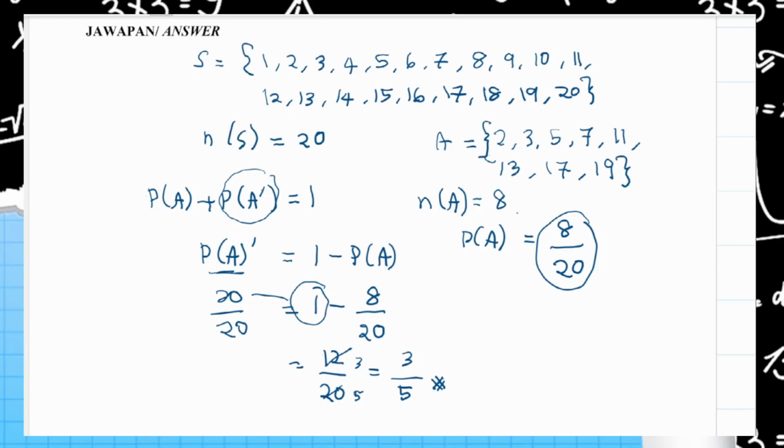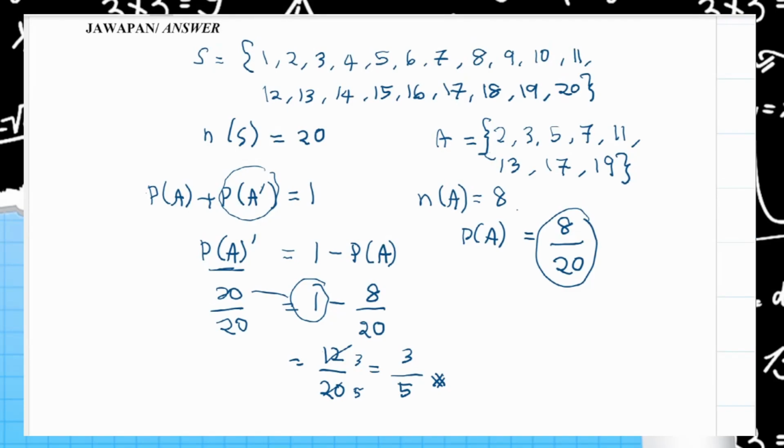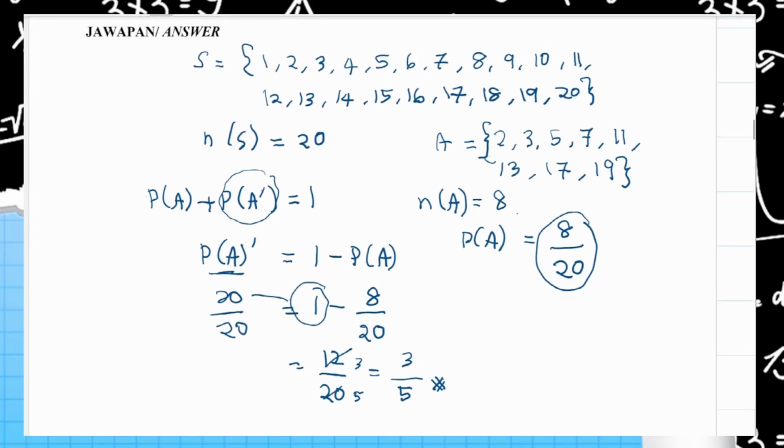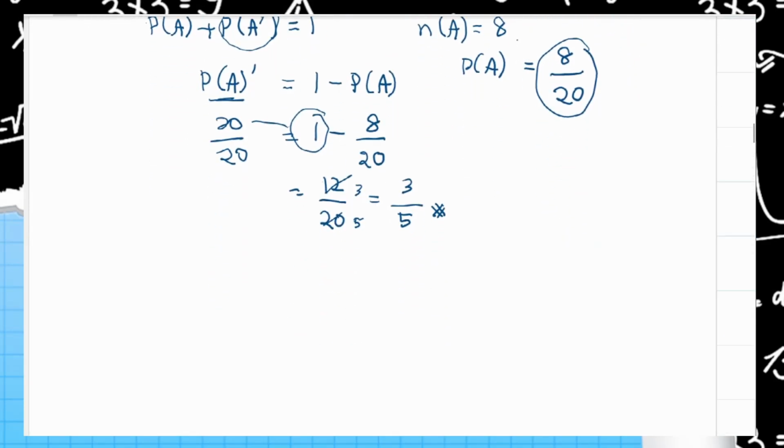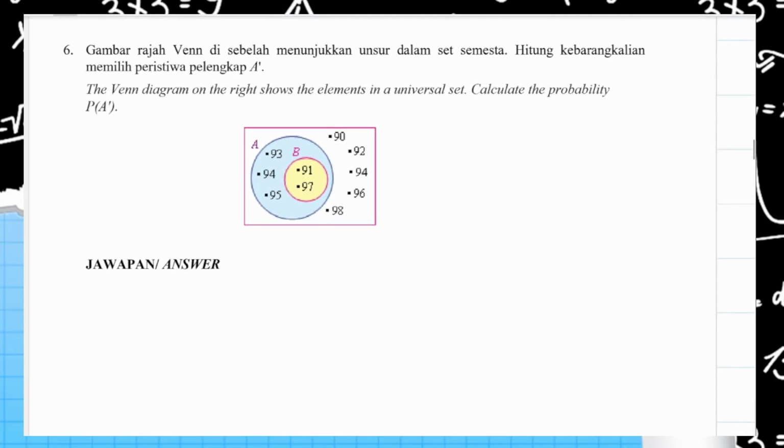When you divide 20 by 20 you will get 1. So here 20 minus 8 is 12, right? But you also can use your calculator. So settle for this question. Hopefully you can get the idea here. We proceed to the next question.